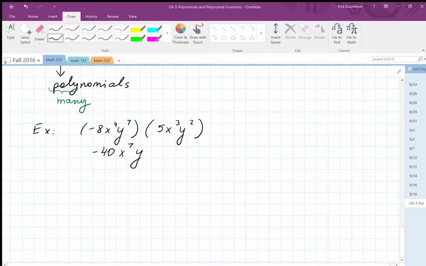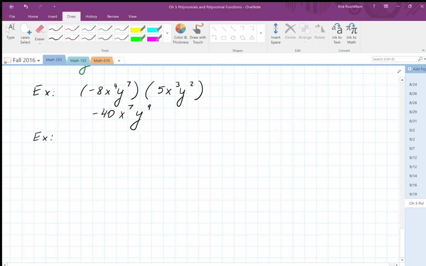And you have y to the power of 7 times y to the power of 2, so you have a y to the power of 9. In any sense, this will be a little bit easier than chapter 1 multiplication, because you do not see any negative exponents. If you have a negative exponent, it is no longer a polynomial. So let's do just a few more of these examples and we'll be ready to move on.